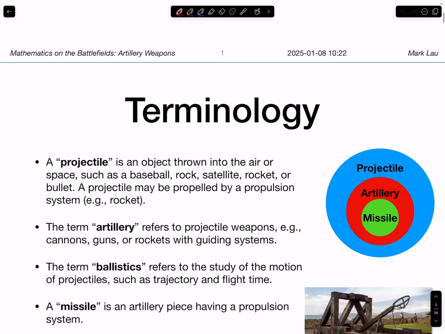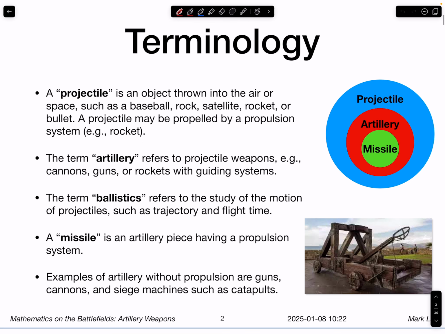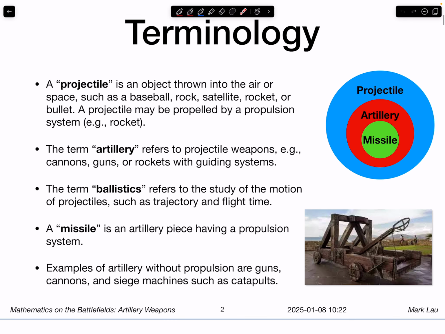So at the beginning, let's see the terms we have to familiarize ourselves with. A projectile is an object thrown into air or space, such as a baseball, rock, satellite. The term artillery refers to projectile weapons, for example, cannons, guns, or rockets with guiding. So artillery refers to projectile weapons.